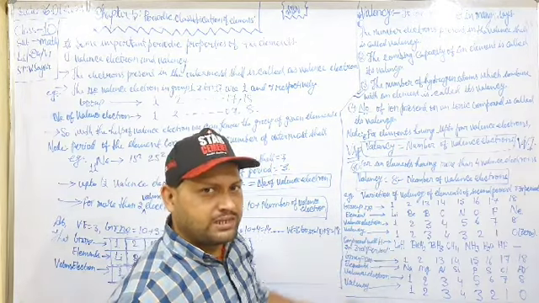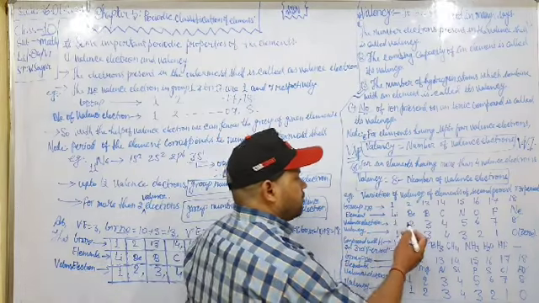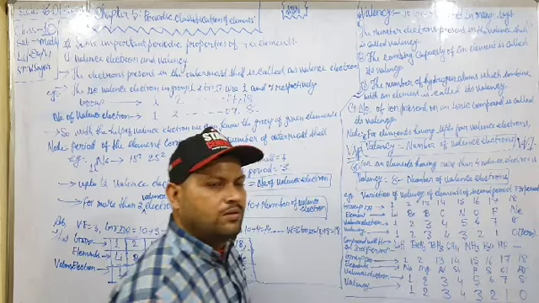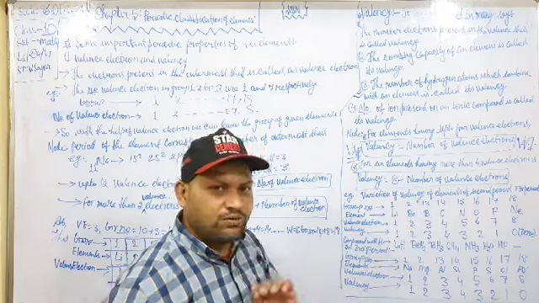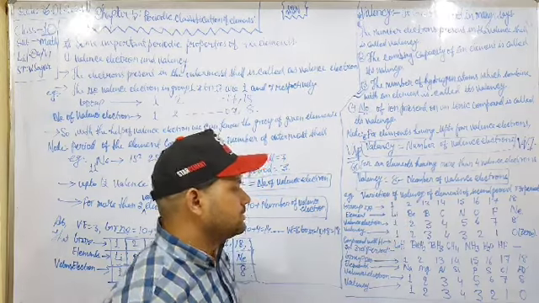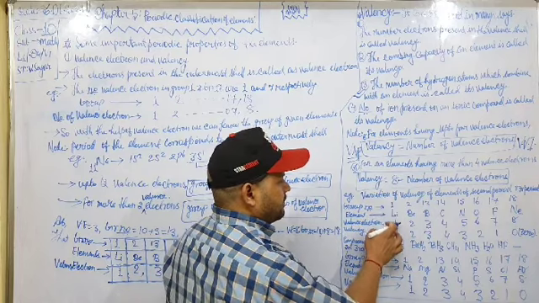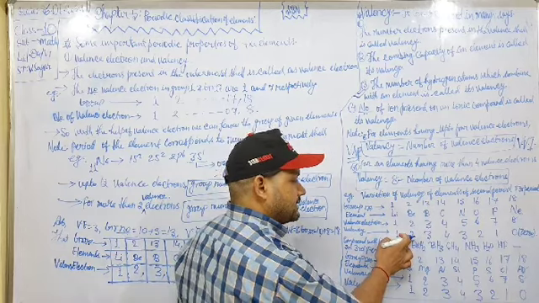And the number of valence electrons in these groups is equal to 1, 2, 3, 4, 5, 6, 7, 8. And that's why the valency will be equal to how much? If the number of valence electrons is 1, then valency is 1. Number of valence electrons is 2, valency is 2.